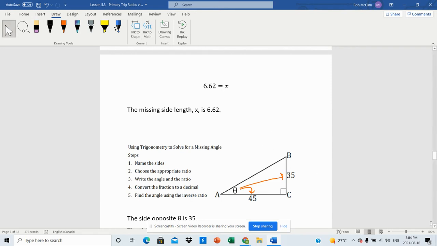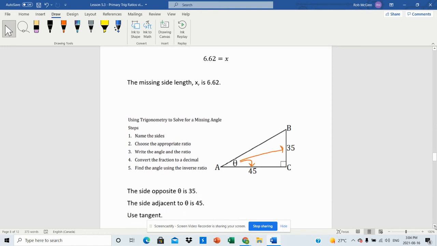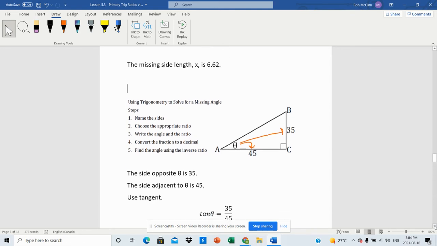Remember, tangent equals opposite over adjacent. So the side opposite theta is 35. The side adjacent to theta is 45. We want to use as much information as we can to solve this. And so since we know the opposite and the adjacent, but not the angle, we're going to use tangent. So we'll now set it up.